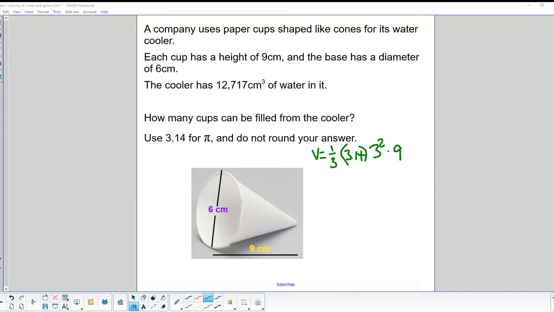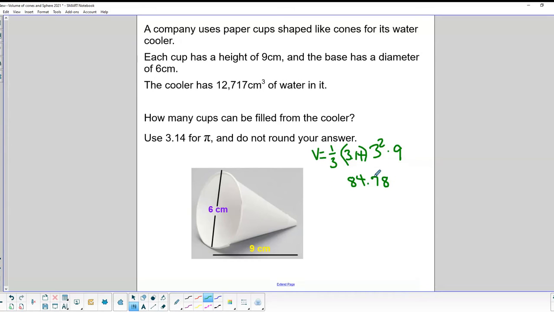When we calculate that out, 1/3 times 3.14 times 3 squared times 9, we get 84.78.